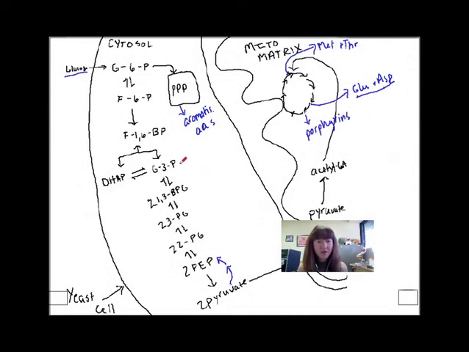Also recognize that glyceraldehyde 3-phosphate and dihydroxyacetone phosphate can be used to make the backbones of fatty acids. I'm going to abbreviate that, fatty acids. Also, acetyl-CoA can be used to build up the fatty side chains of a fat, so fatty acid synthesis.